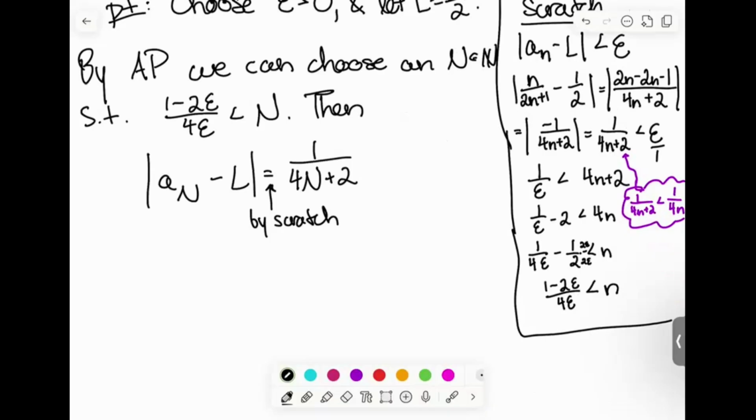And then we literally manufactured this N so that this whole thing would be less than epsilon.